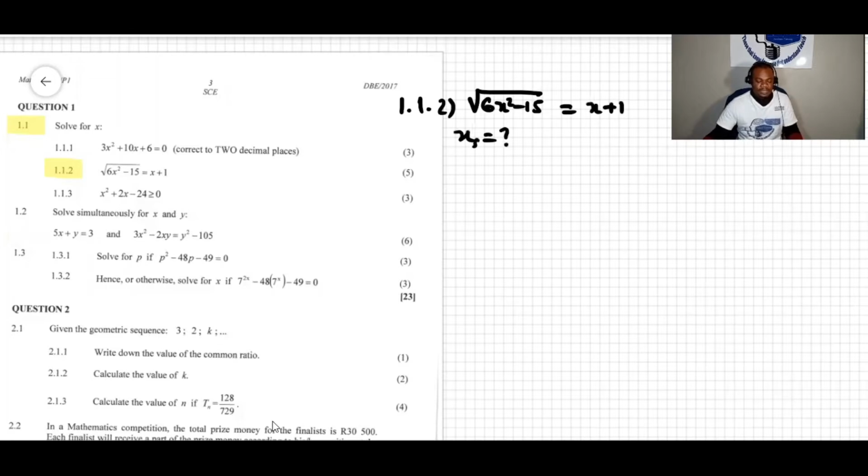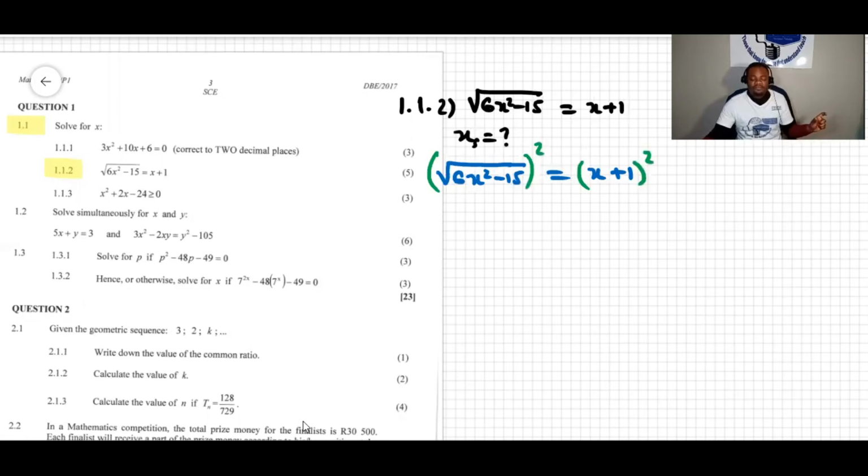Okay, let's solve this equation. 6x squared minus 15 under the square root is equal to x plus 1. To solve this, we are first going to get rid of the radical sign. So I will raise this part to the power of 2 and also the right side to the power of 2.